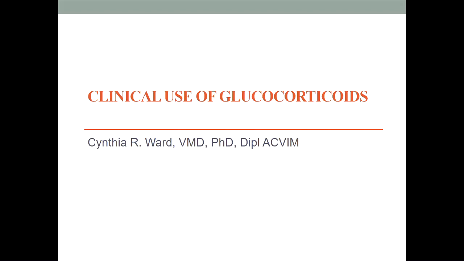I can't tell you how many times I've seen cases come into the hospital that have had to get referred in because people have not known how to use glucocorticoids correctly and have overdosed animals on glucocorticoids and caused lots of problems. So that's the really important thing that hopefully you will get from these lectures.